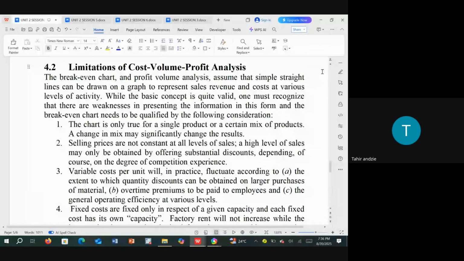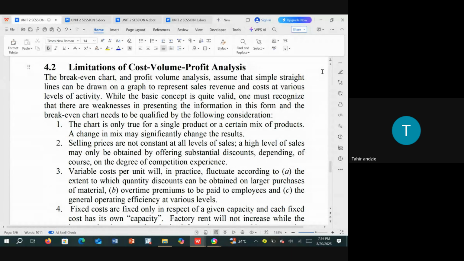They may fluctuate according to: A, the extent to which quantity discounts can be obtained on larger purchases of material; B, overtime premiums to be paid to employees; and C, general operating efficiency at various levels. So you see, the variable costs we are incurring can change given many situations, for example the extent to which quantity discounts can be obtained.